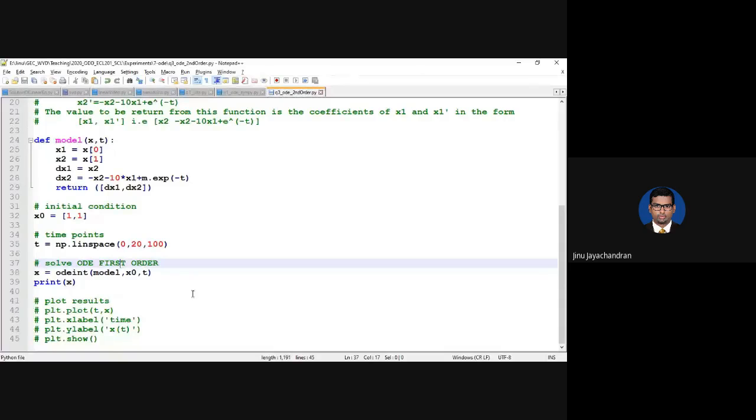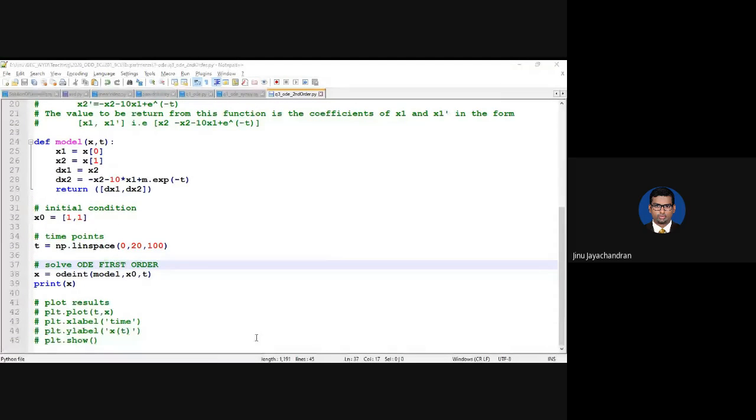Now if you print this x, you can see that it is of two values. Let me just run this and I will share the screen where it generates the values.